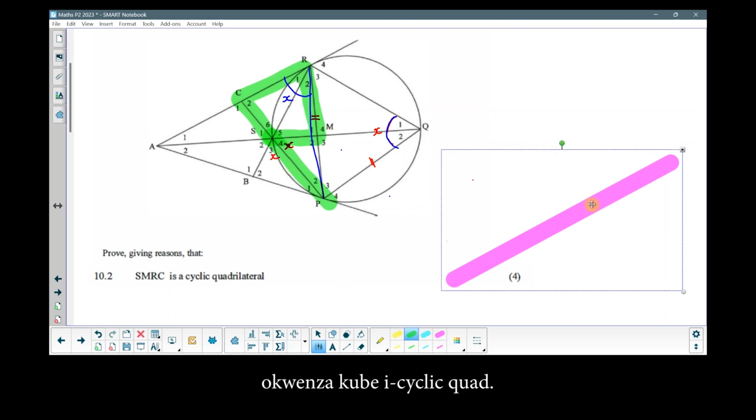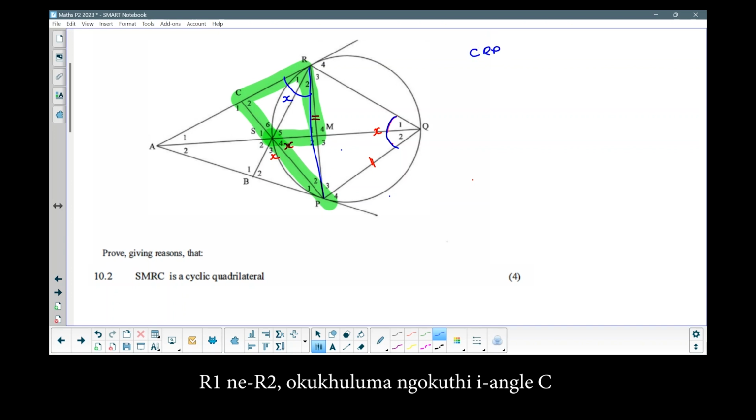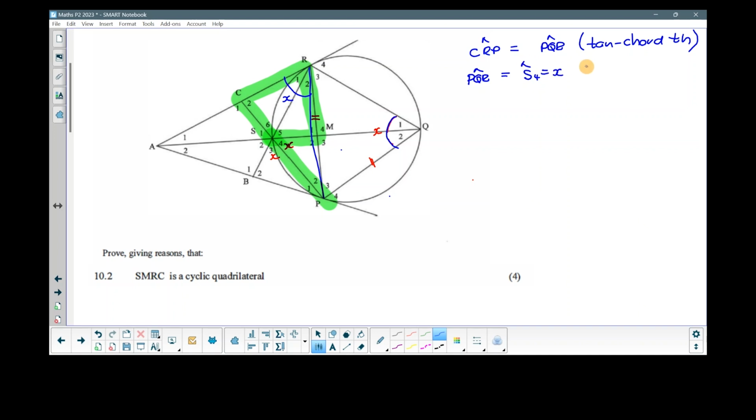So how do I set out that solution? Well, the first thing I said was that angle R1 and R2, so I can call it angle CRP, is equal to PQR, and that's the tan chord theorem. But angle PQR was equal to angle S4 because we proved it earlier.